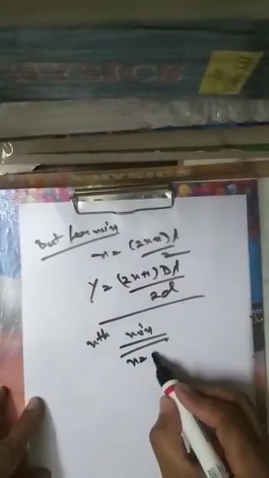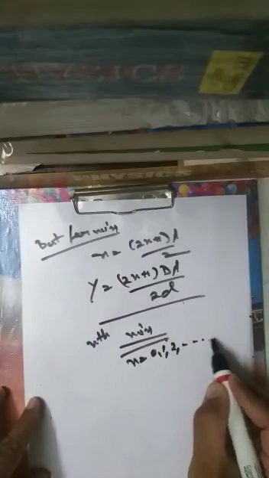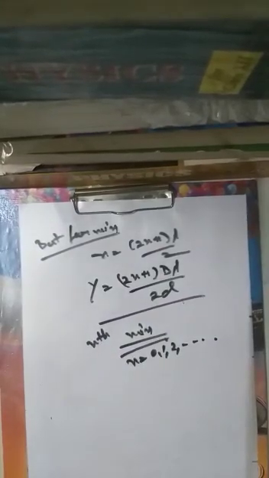This is the formula for the nth minima, or destructive interference. Here the value of n is 0, 1, 2, and so on. If we put 0, we get D lambda upon 2d; for 1, we get 3D lambda upon 2d. So this is the formula for fringe width.